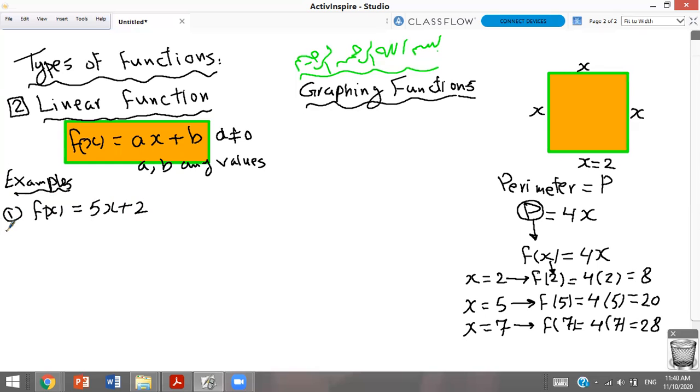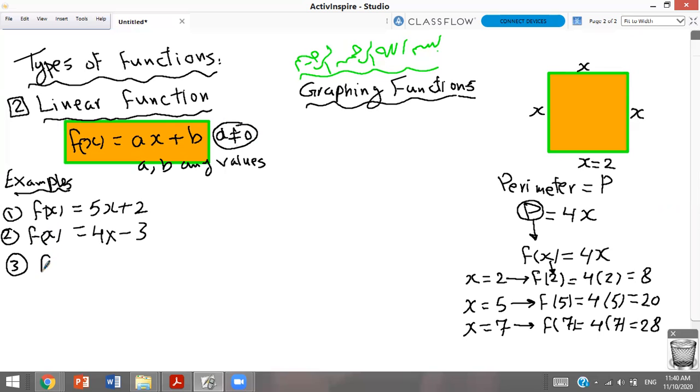Another example, f of x equals 4x minus 3. Sometimes he said what here? a cannot be 0, but b can be 0.